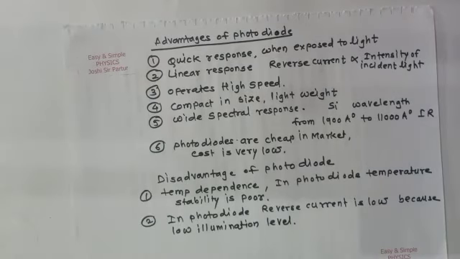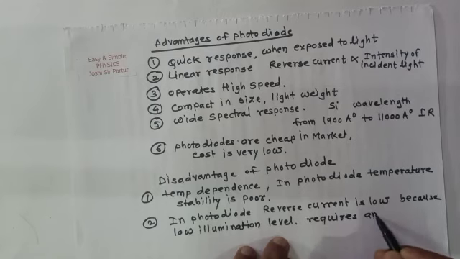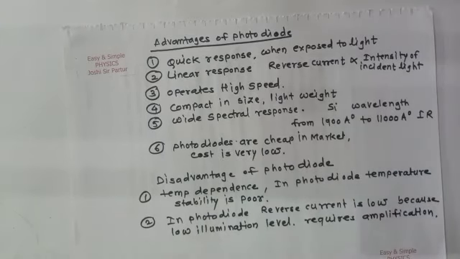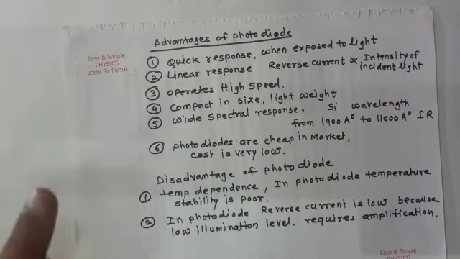If the illumination level is low, then reverse current is also low, means it requires amplification. So these are the disadvantages of photodiodes. We know that whenever light strikes a photodiode it conducts, but when light stops, the photodiode will not conduct.